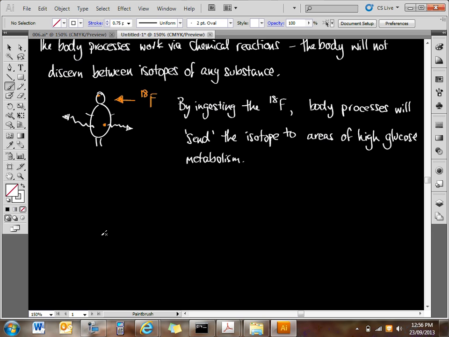Okay, so we know this fluorine 18 decays via beta plus decay, which is just a positron, isn't it? What do we know about positrons and them moving through any matter?